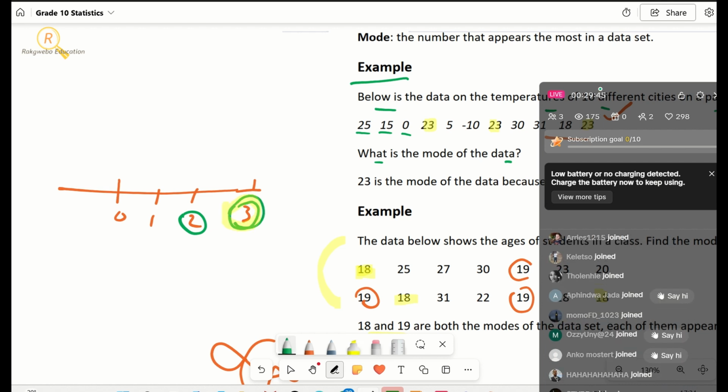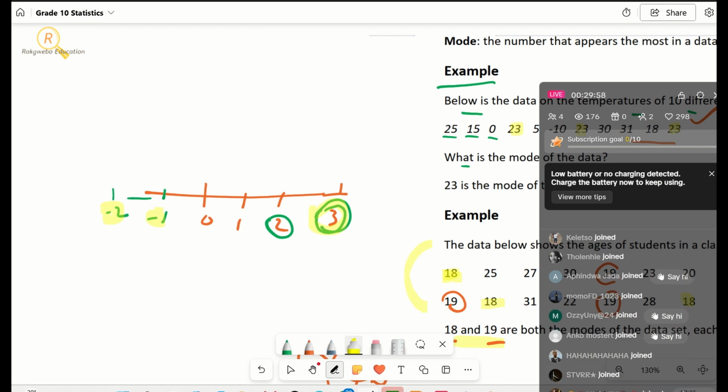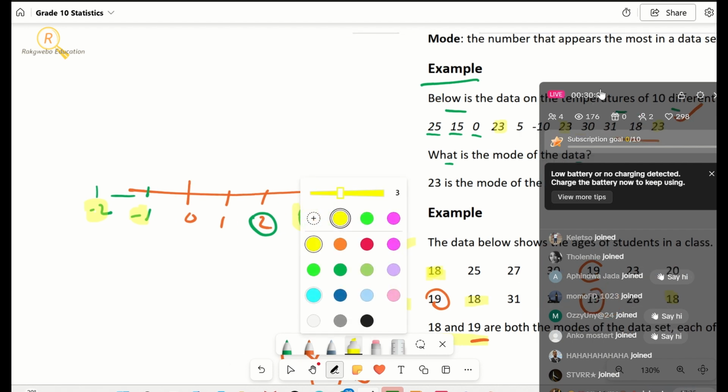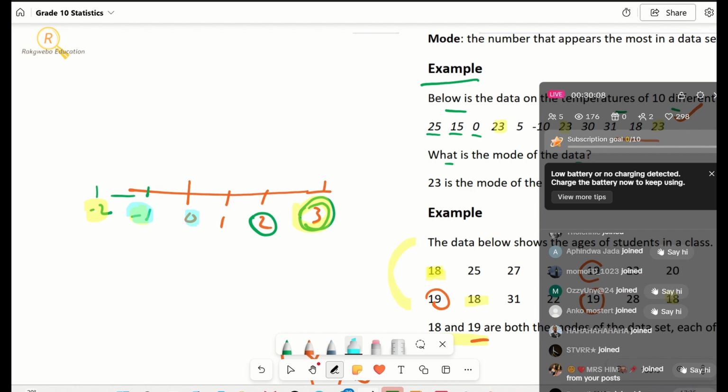Which one is a bigger number between -2 and -1? -1, because it appears on the right. Which one is bigger between -1 and 0? Yes, 0. Why? Because it appears on the right on the number line.